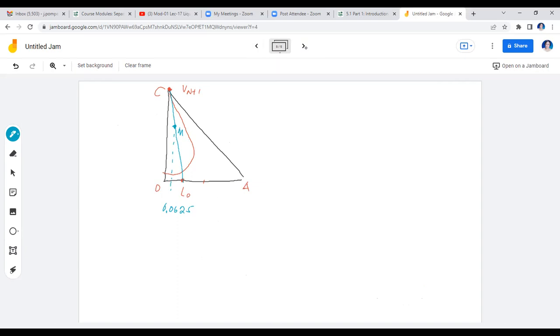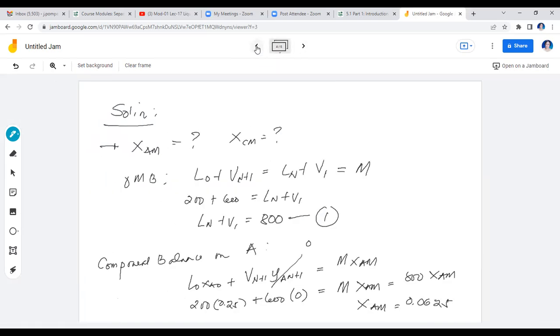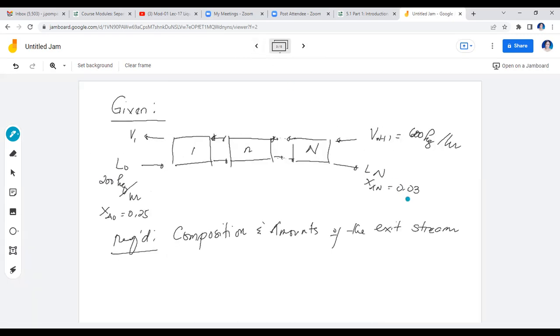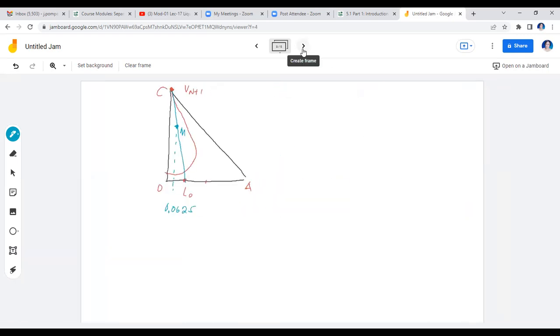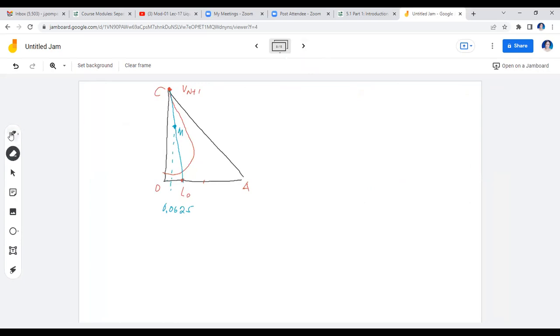Okay? Now, what will you do? In this case, it says here that you have 3% acetic acid in the raffinate. Where will you use this? So I'll just use another color. Oh, this one. Okay, where will you use it?